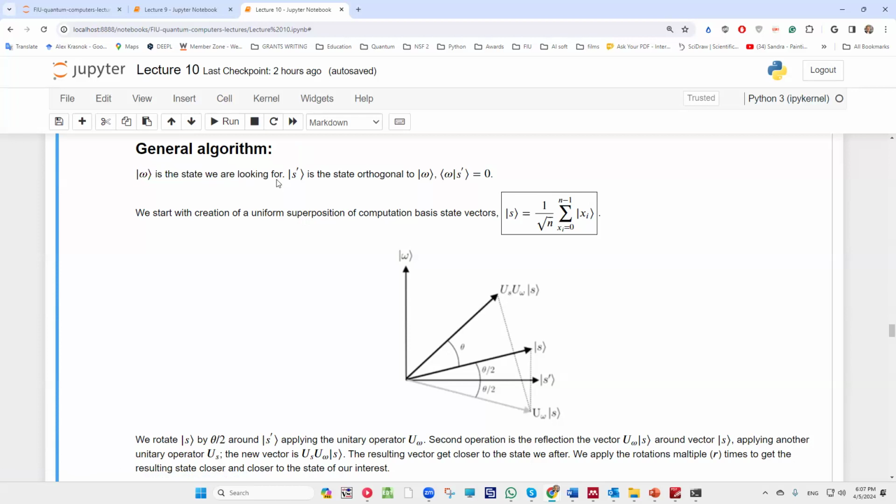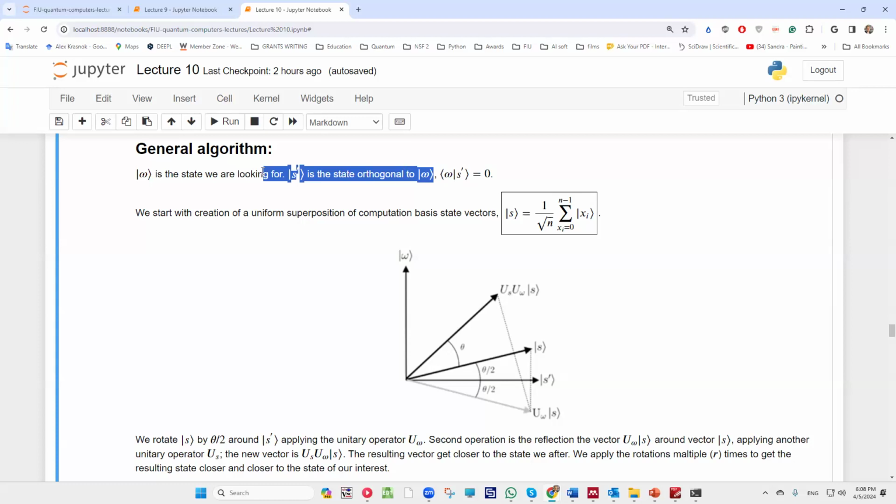We are looking for this vector in a huge list of other vectors, but we know this vector, and hence we can create another vector which is orthogonal to the vector omega, just by applying some operator that rotates this vector by an angle of 90 degrees.